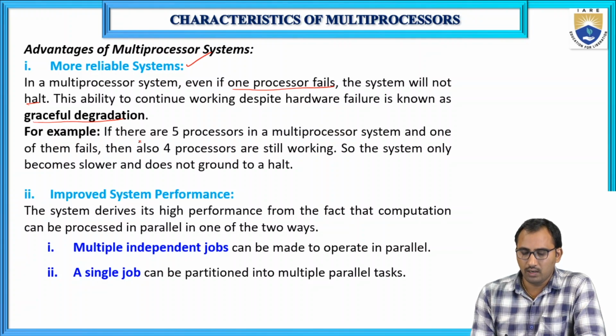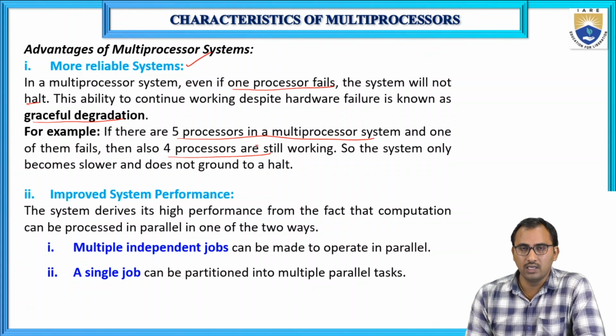For example, if there are 5 processors in a multiprocessor system and one of them fails, then the entire system will run with the remaining 4 processors. So still with the remaining 4 processors, the system will continue to work. The system only becomes slower and doesn't grind to a halt.